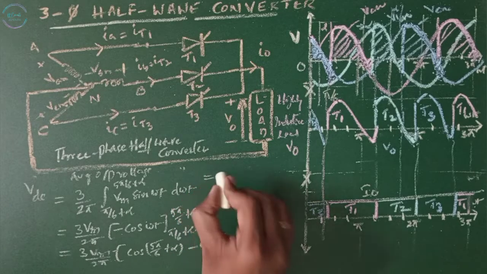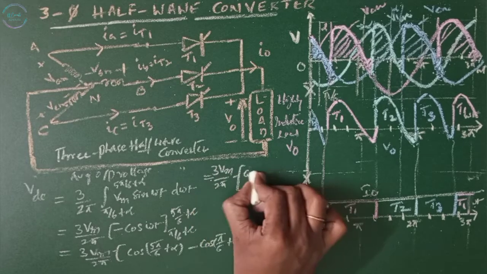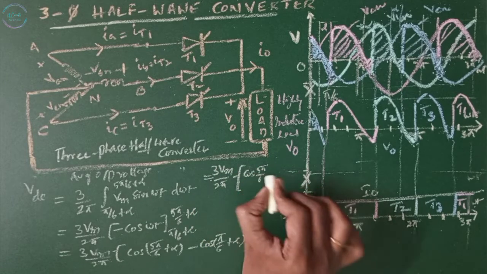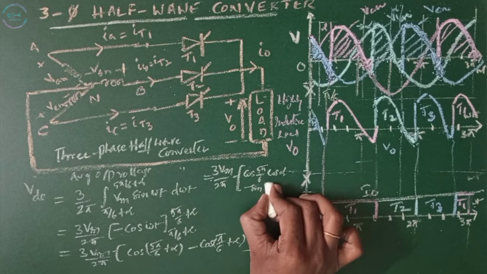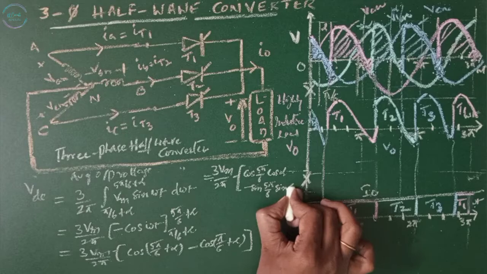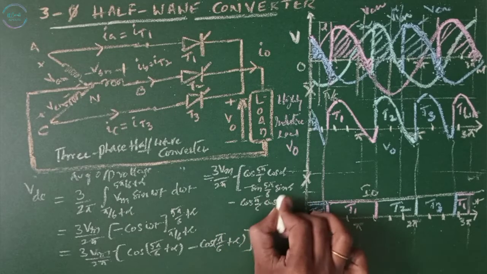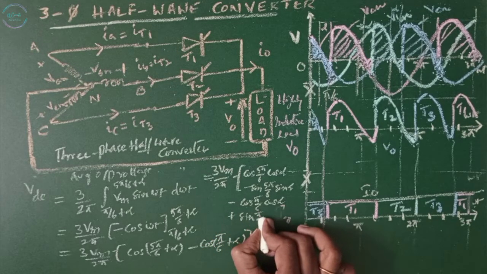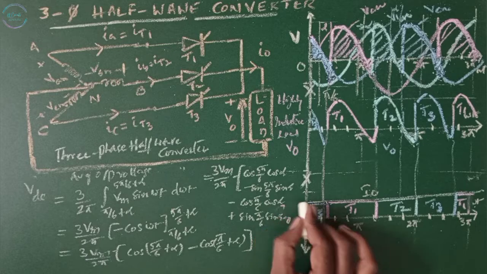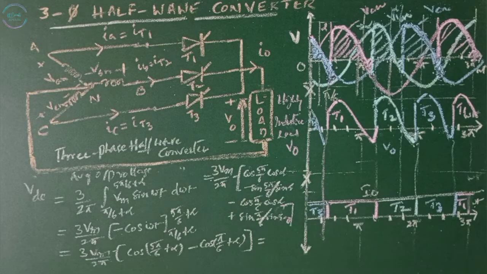Now to solve this, 3 Vm by 2 pi, cos pi by 6 cos alpha minus sin pi by 6 sin alpha, then minus cos 5 pi by 6 cos alpha, minus of minus, plus sin 5 pi by 6 sin alpha. These two sine terms cancel. 5 pi by 6 is 150 degrees, and cos of that is minus root 3 by 2.